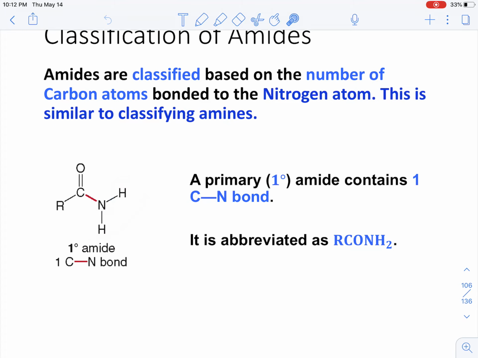A primary amine has a nitrogen bonded to two hydrogens, bonded to one R group. Just as long as there is one carbon that's covalently bonded to the nitrogen, you have a primary amide.